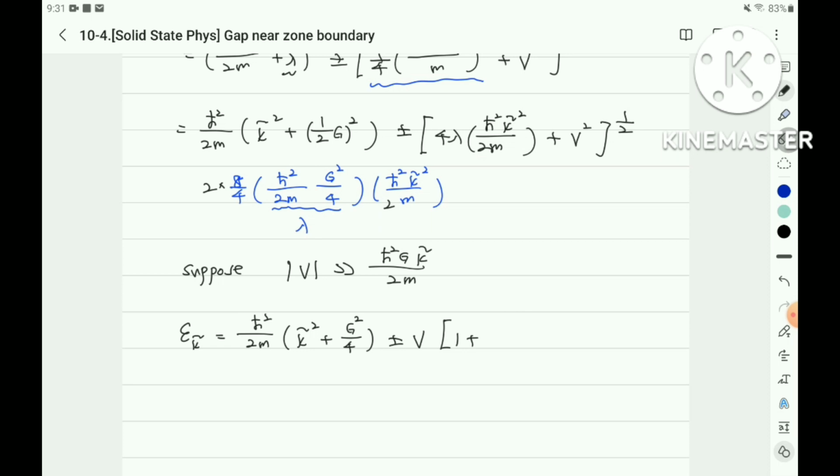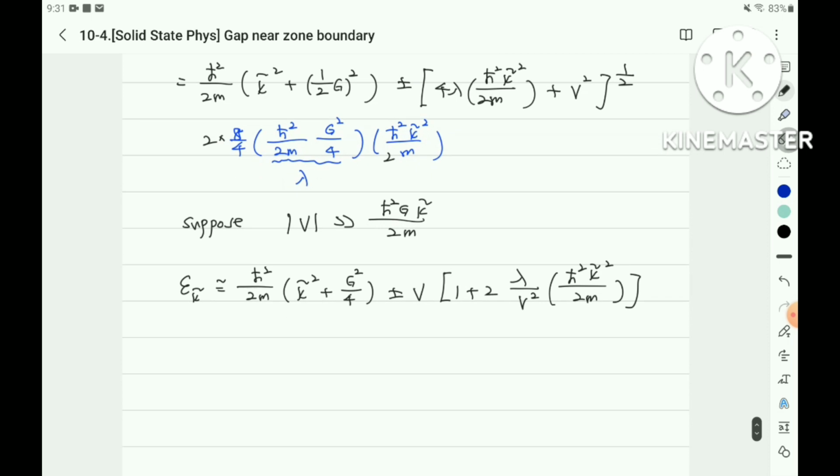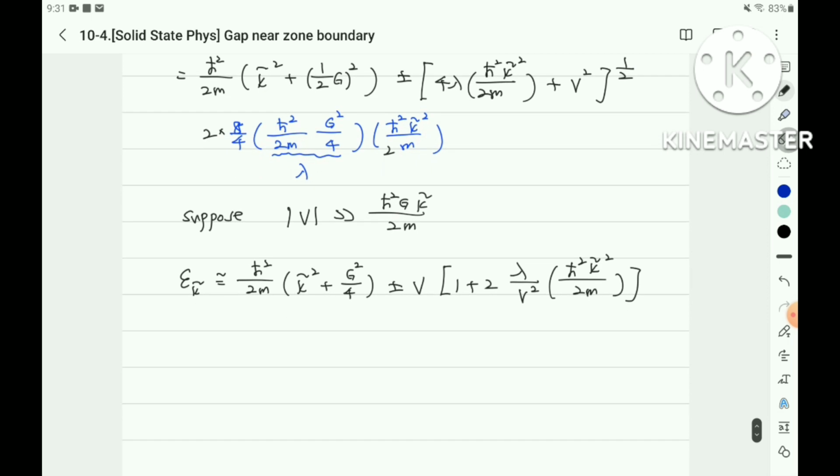Therefore here it is 2 lambda over v square, h bar square k tilde square over 2m. It can be approximated like this. Therefore this is a general formalism of the epsilon.